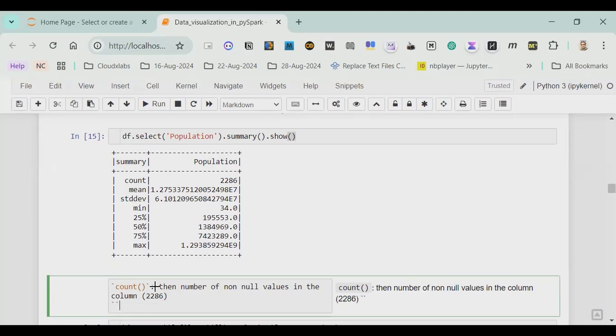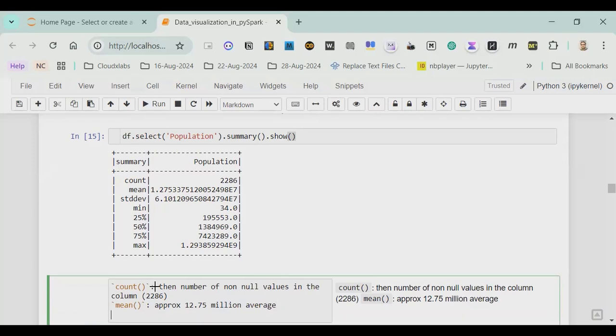And second thing, mean. From the mean perspective, this is approximately 12.75 million average, or mean we can say.